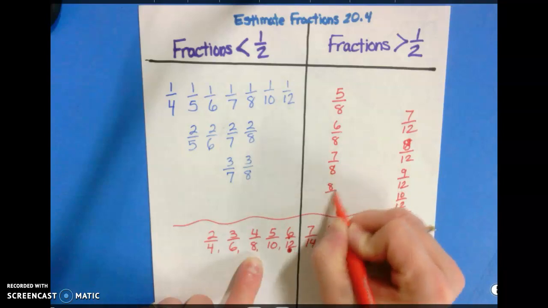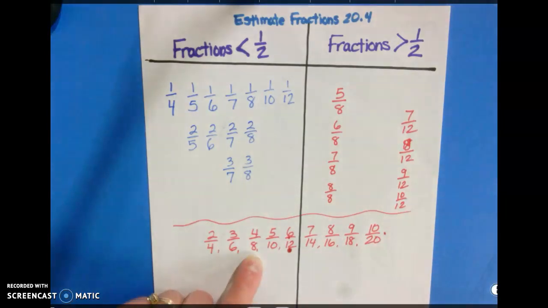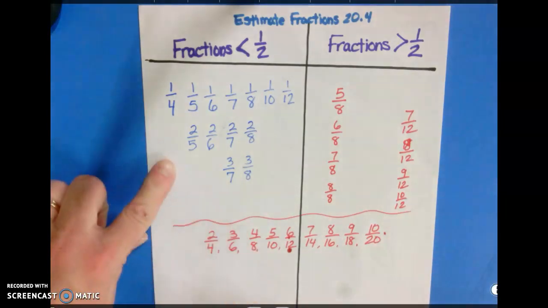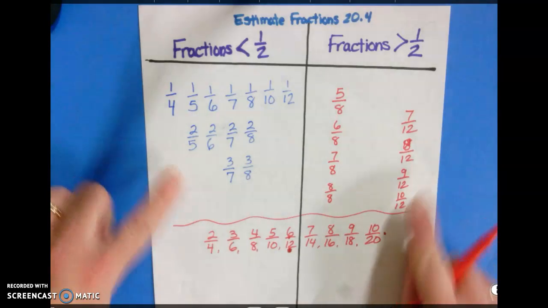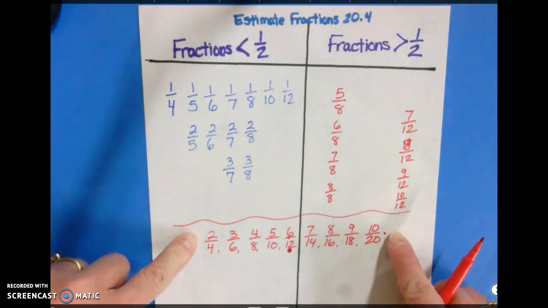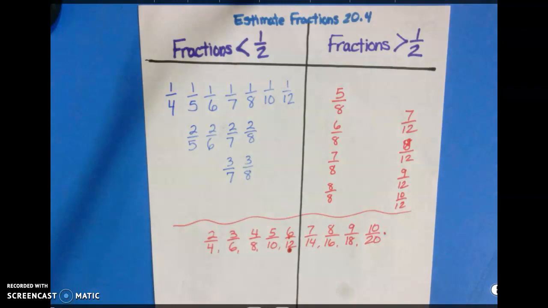And of course, 8/8 is the whole thing. So your knowledge of what is less than a half of a stick, what is greater than a half of a stick, and perhaps bouncing it off what you know of as the half mark, that is going to be really, really helpful to you today as we estimate our fractions.